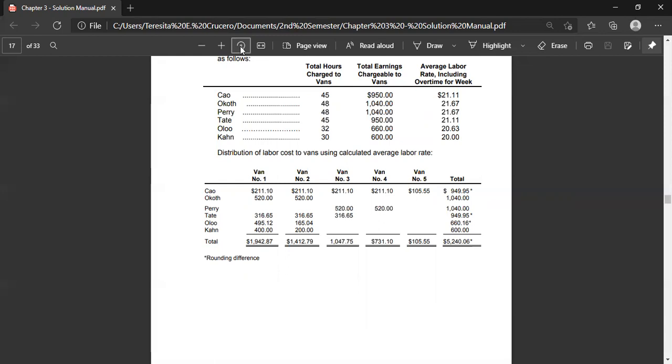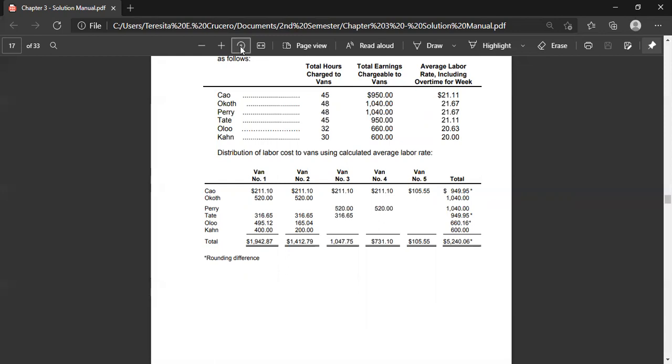For Cow again, for van number two, it's also 10 hours. The same with van number three and number four. Van number five is only 5 hours.